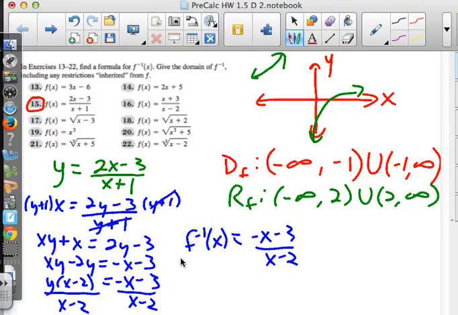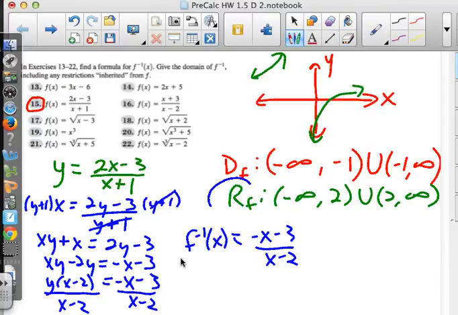We could go ahead and say, all right, this is a -1 times x plus 3, and just leave it like so, distribute it on the bottom, whatever you wanted to do here. There's a lot of different ways that we could write that, but this answer would be just fine.